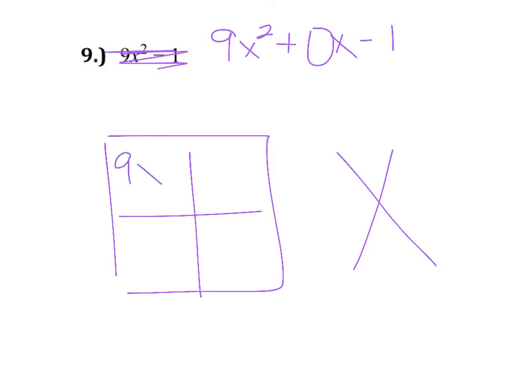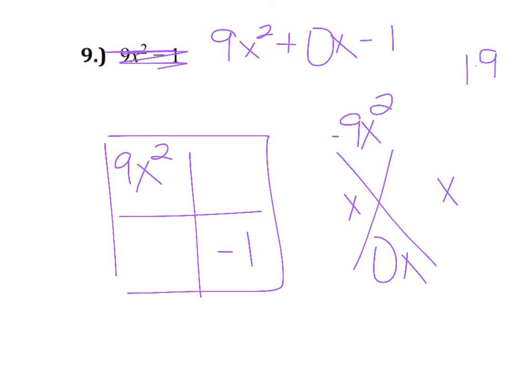Now we're going to set it up the same way. First term goes in the top left, last term goes in the bottom right, multiply them to get the top of the diamond, and now 0x is going to go in the bottom of the diamond. So we need two numbers that multiply to give us negative 9x squared, but add to give us 0. So if we think about our options, we have 1 times 9 and we have 3 times 3.